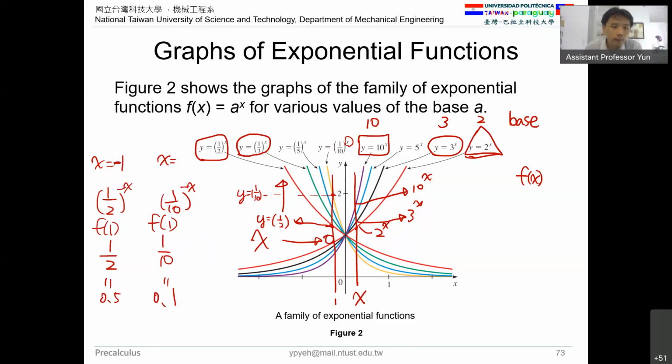Then the f of -1 here, you can see that this will be a -1. Then this will be 2, -1, right? So we can see that that will equal to 2. Okay, so then this will equal to 10 here.